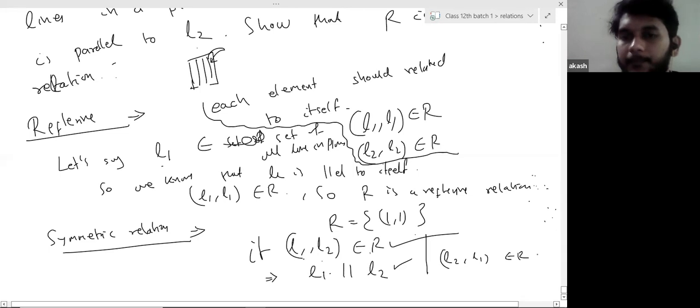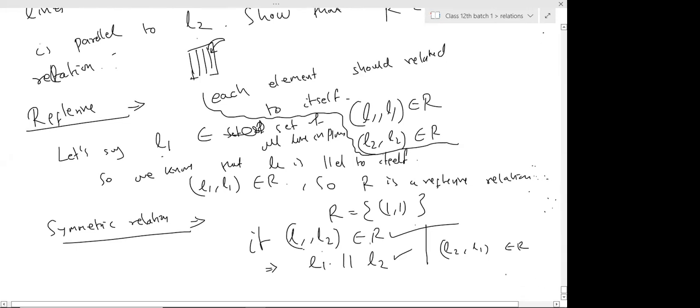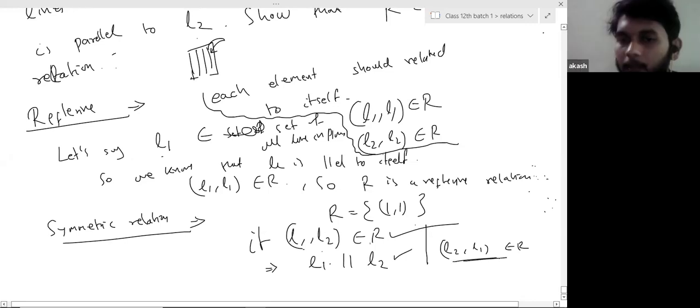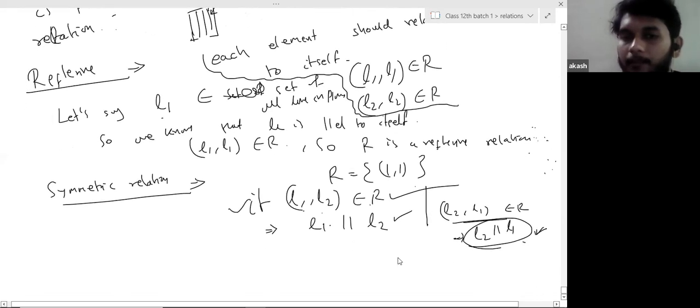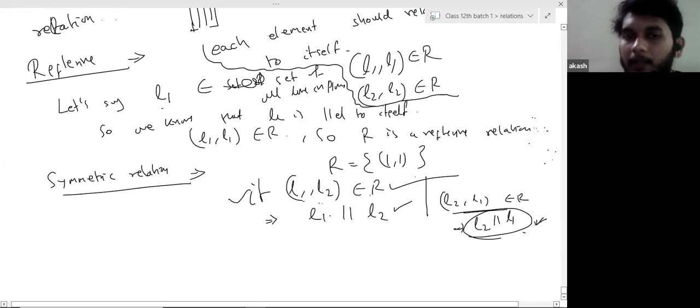Right? Yes, sir. So we have to prove that L2 is parallel to L1. This should be our end goal: this is the assumed condition and this is the end result we have to reach. We have assumed that if (L1, L2) belongs to R, this implies L1 is parallel to L2. This implies L2 is parallel to L1 also.